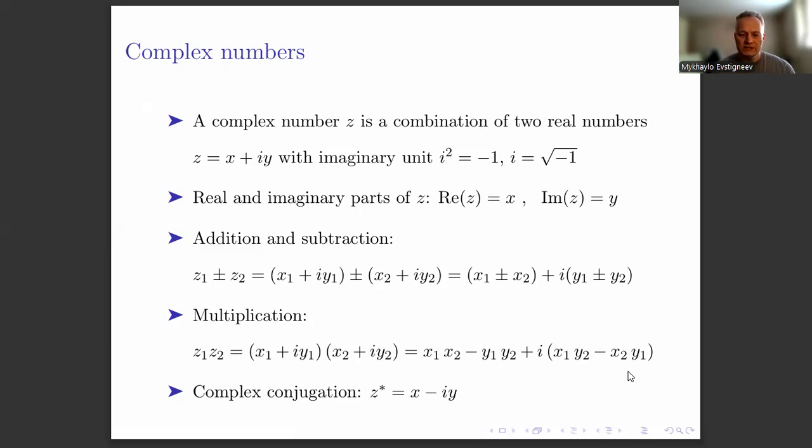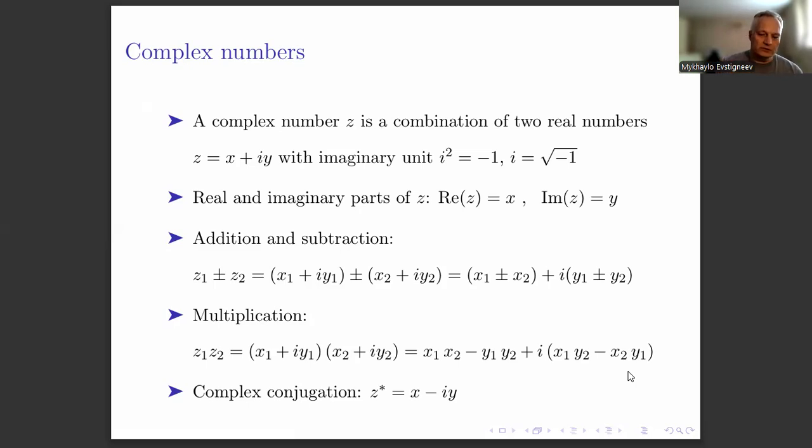The next operation is the so-called complex conjugation. Just flip the sign in front of every imaginary unit that you encounter in your complex number. So if the complex number is x plus i y, then the complex conjugate of that number is x minus i y. Now, why do we need this operation of complex conjugation?